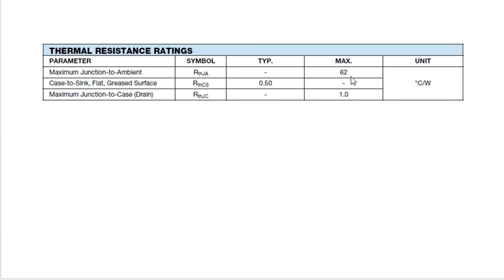It means when we are not using any heat sink, the temperature of our device will be 4.09 degrees centigrade above ambient. So if the ambient temperature is 30 degrees, then our MOSFET temperature will be 34.09 degrees centigrade.